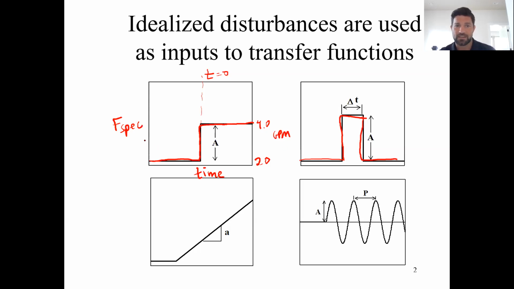So just like in this case right here, we know that the model for this process would be something like F specified equals F specified 0 plus A, right? And this would apply at T equals 0.